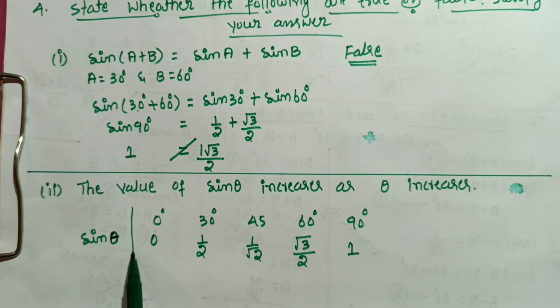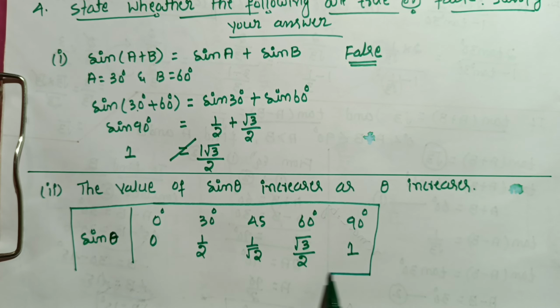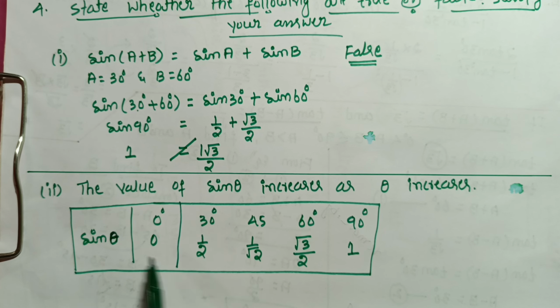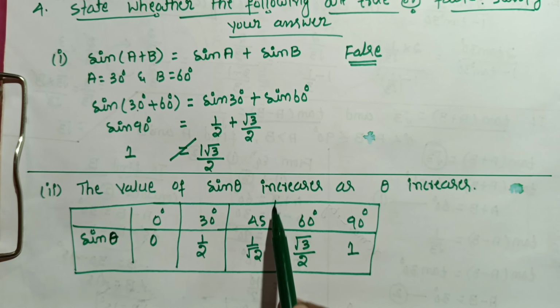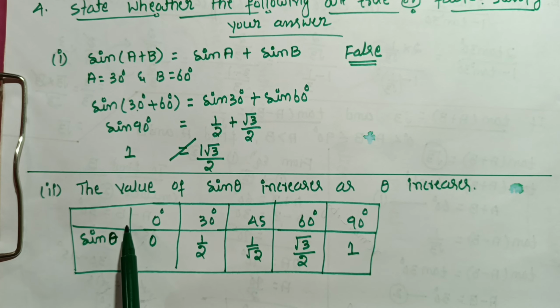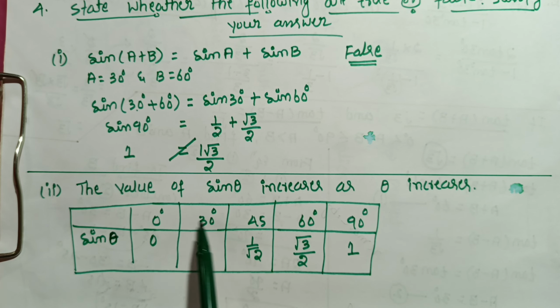Look at this. From this particular table, this theta value is going to be increased: 0 degree, 30 degree, 45 degree, 60 degree, 90 degree. And what about sine of theta? 0. 1 by 2 means it is 0.5. 1 by root 2 means it is 0.71.